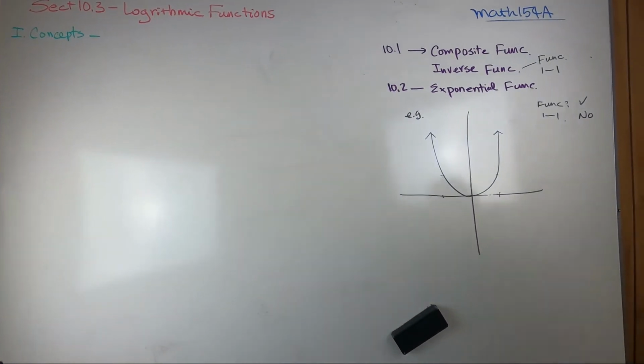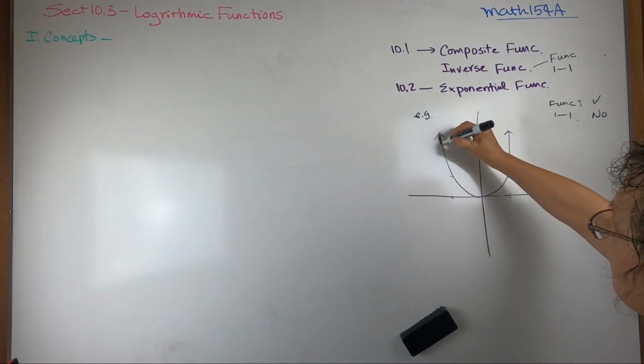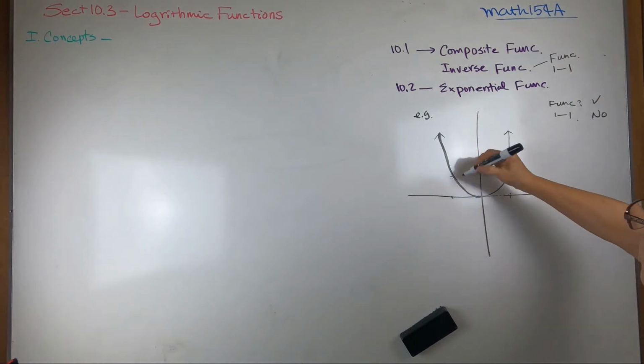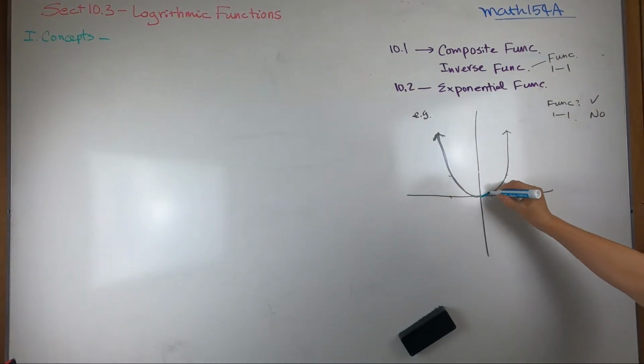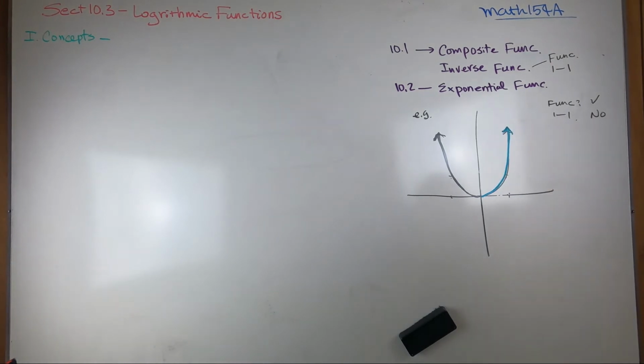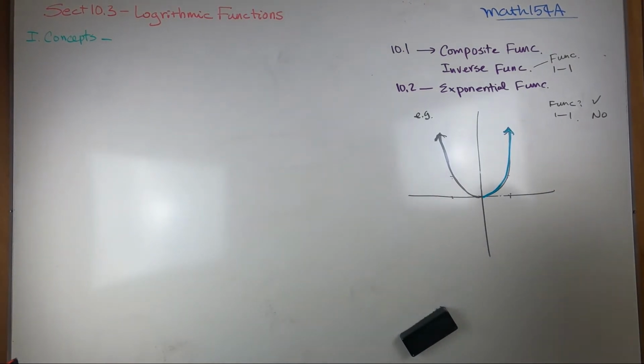So when we do the inverse, let's see. I have two parts here, one is here, one is there. If I do an inverse, what will happen?